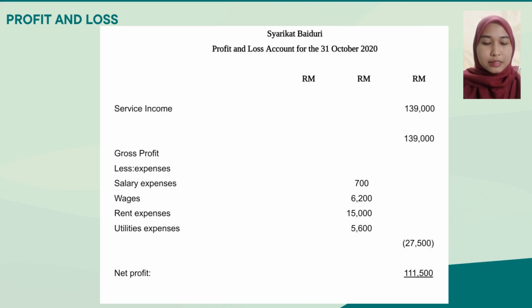Utilities expenses 5,600. Total 27,500. Net profit 111,500.